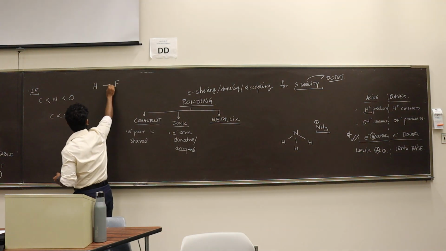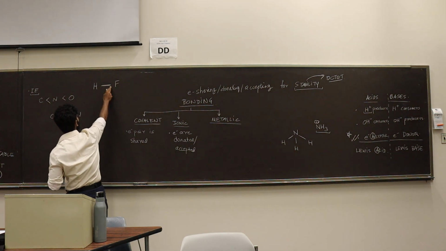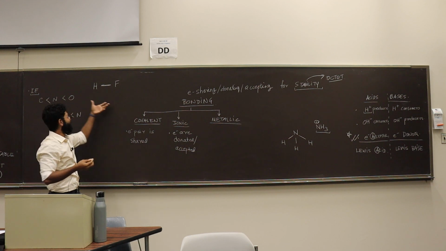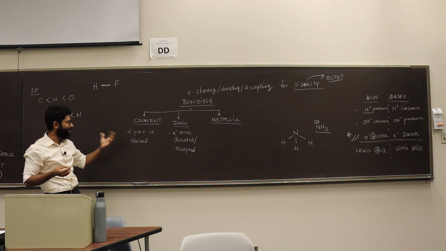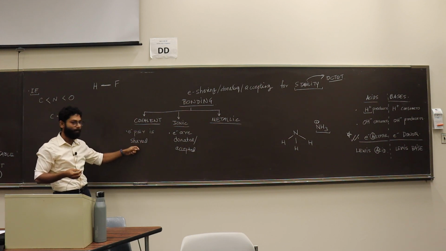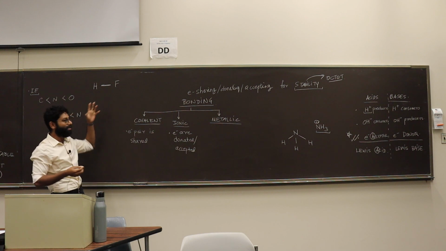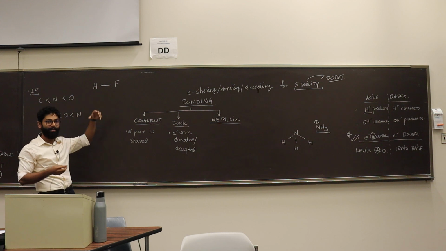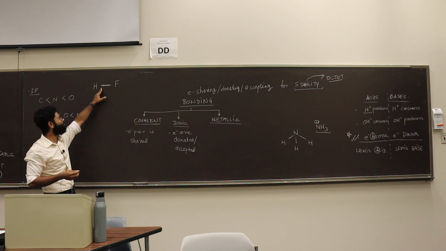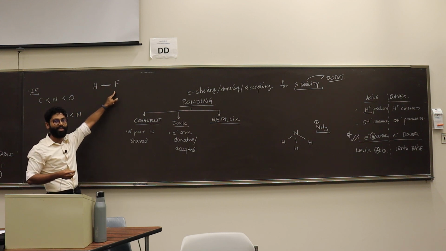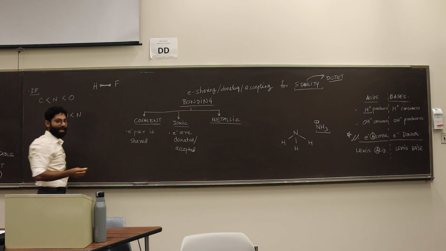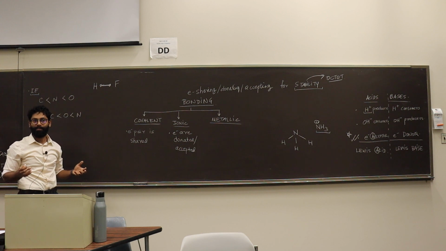So whenever you have this, this is a bond. This line between H and F signifies a covalent bond, and this shows that an electron is being shared. So one electron is given by H and one electron is given by F. So this basically has two electrons and there is a bond between them.